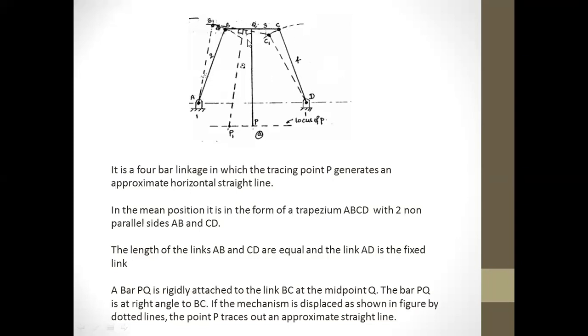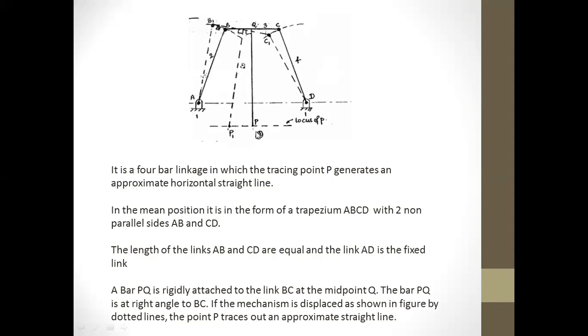So a bar PQ is rigidly attached to the link BC at the midpoint. The bar PQ is at a right angle to BC, and it is connected to the center.